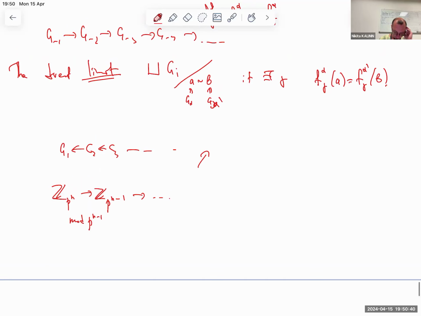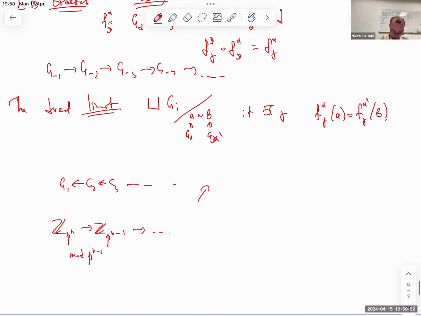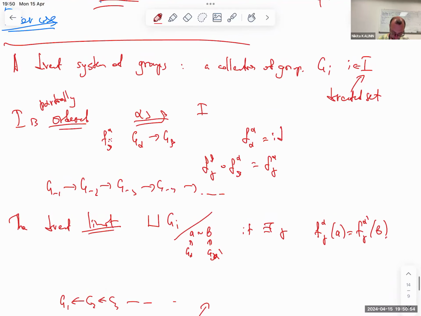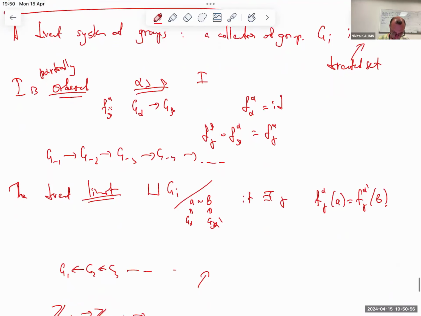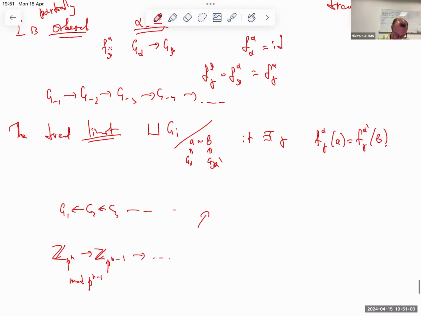So, yeah, that's exactly like, so it does not move. So we have these groups G_alpha, G_beta. So in our case, that's G_n, G_n minus 1.